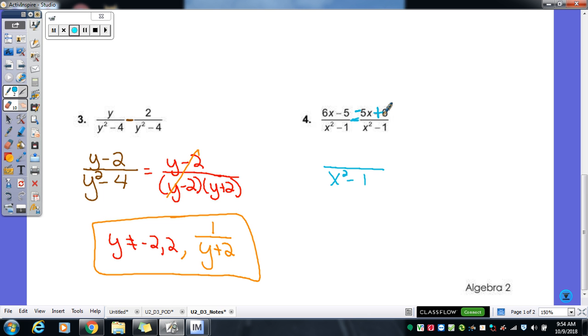So really what it does is it changes the signs of both those parts of the numerator up there. So now 6x minus 5x would give us a 1x. And then negative 5 plus the 6 would give me positive 1. And again, remember, it became positive 6 because we were subtracting that negative, so that makes our signs change.